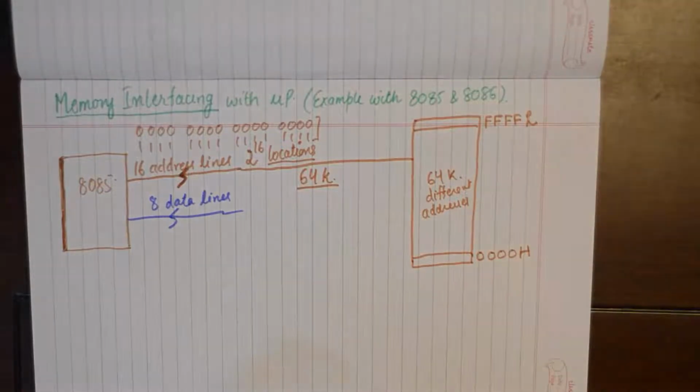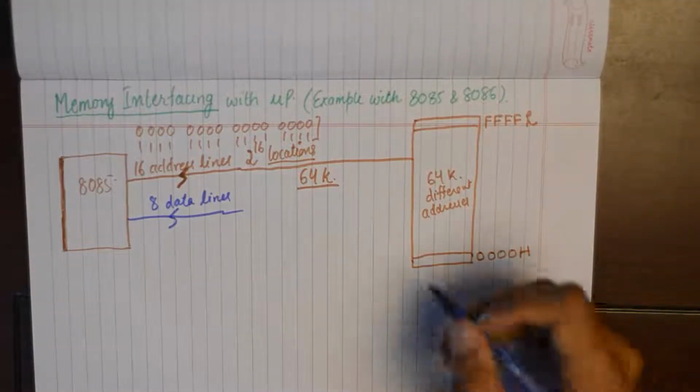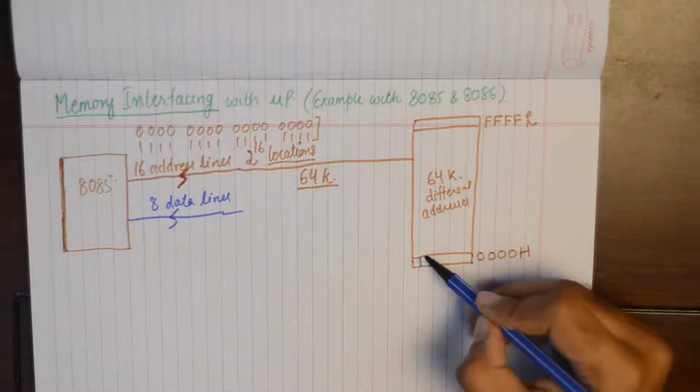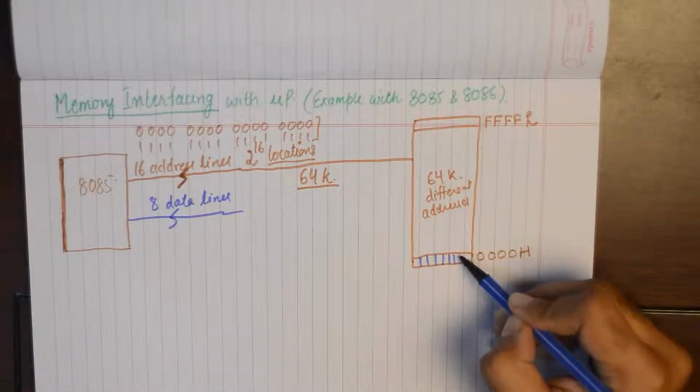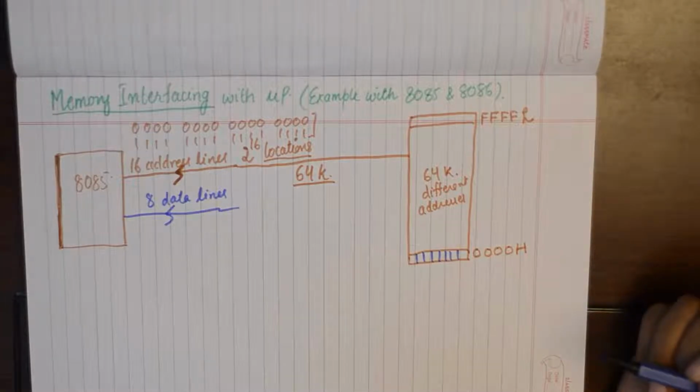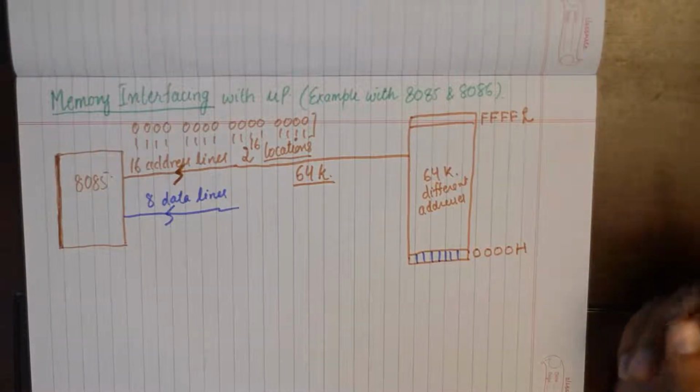And the second point is it has 8 data lines. So this microprocessor can be optimally used with a memory whose register size is 8-bit or 1 byte in size.